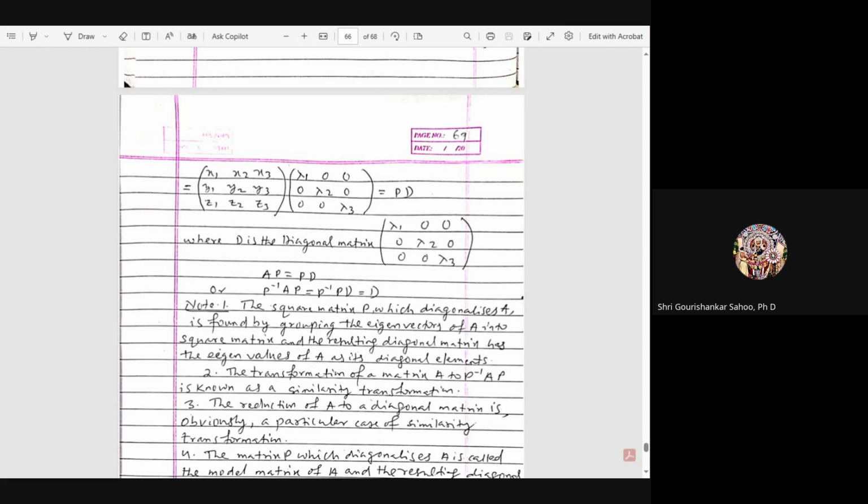So you can write AP is equal to PD, or P inverse AP is equal to P inverse PD, which is equal to D.